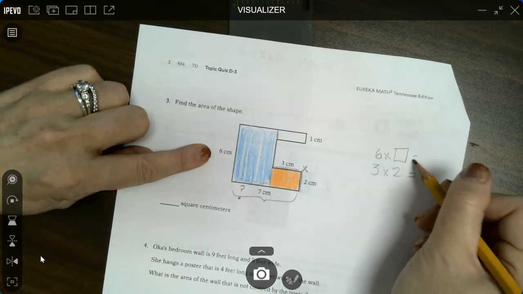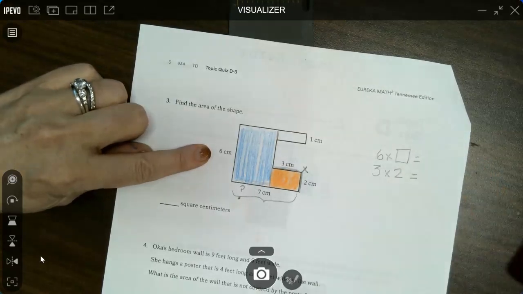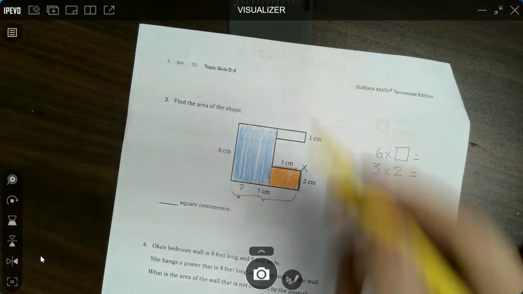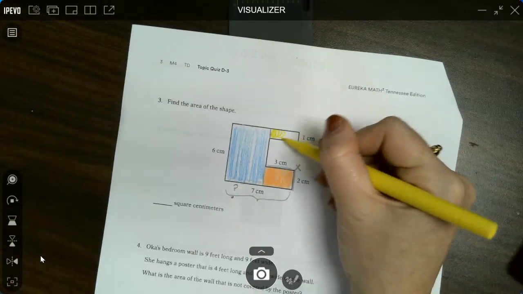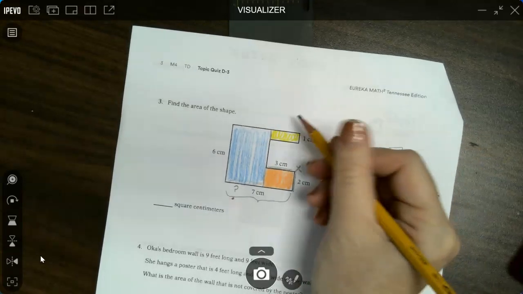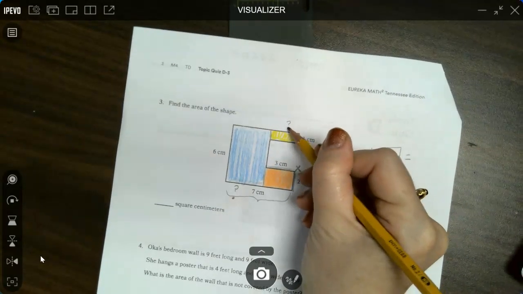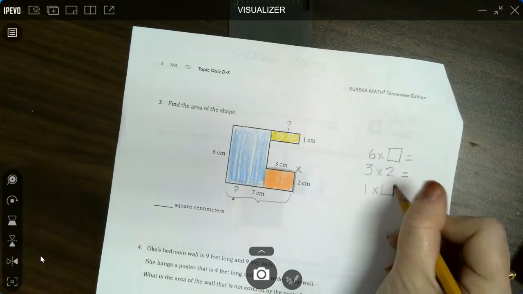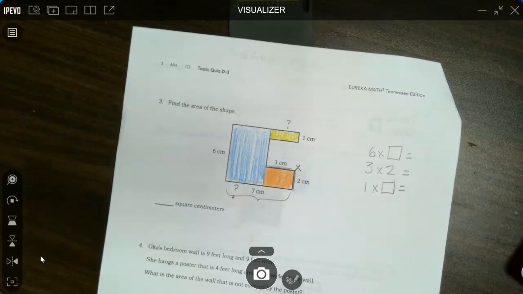We don't know what it is yet, centimeter. And then I have one more left up here, a little tiny rectangle. And it is a 1 by something.